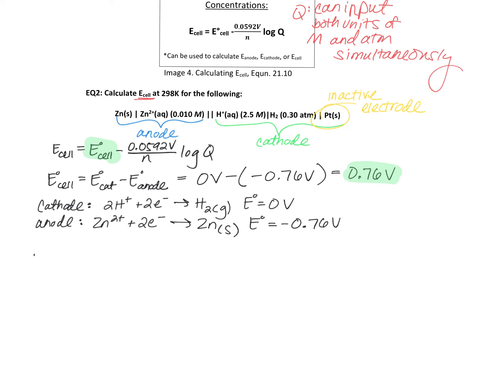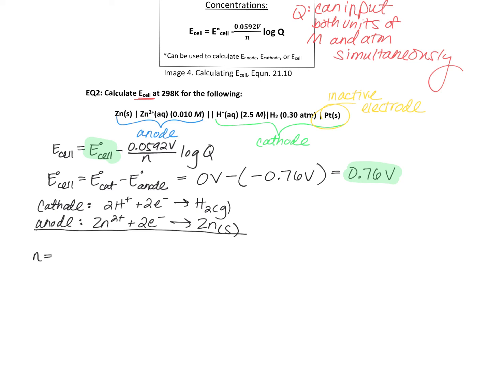What is n? n is moles of electrons in the overall balanced reaction. This one is rather easy because both of these half reactions have 2 electrons. And really, that tells you that the number of electrons that are being transferred is 2. But in order to see that more fully, what I'm going to do is just erase these values and put these two half reactions together.